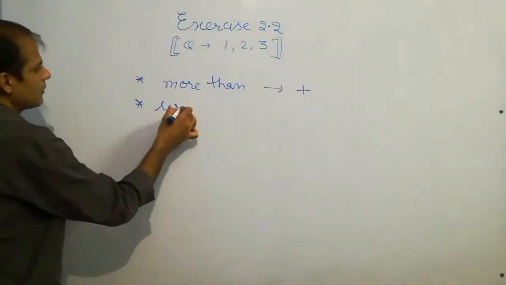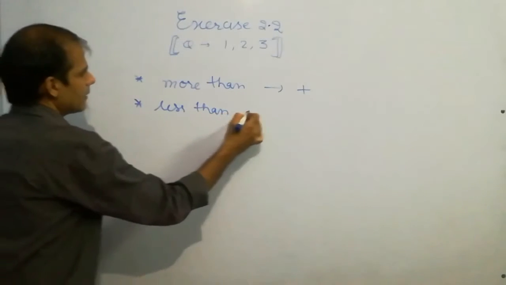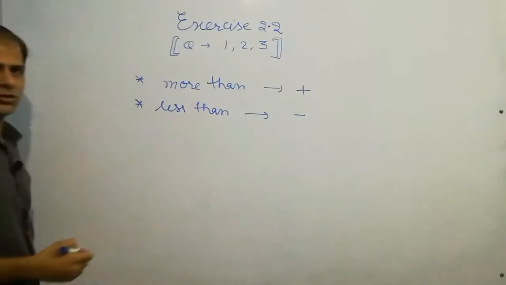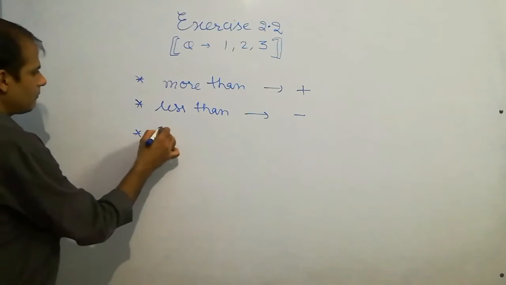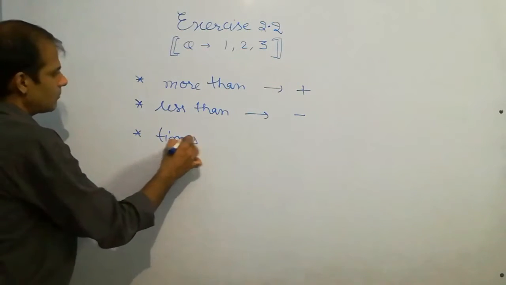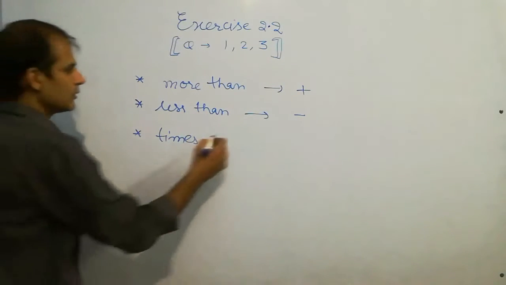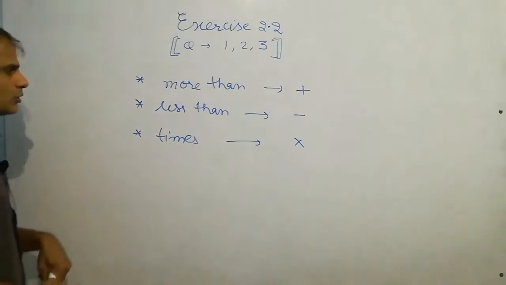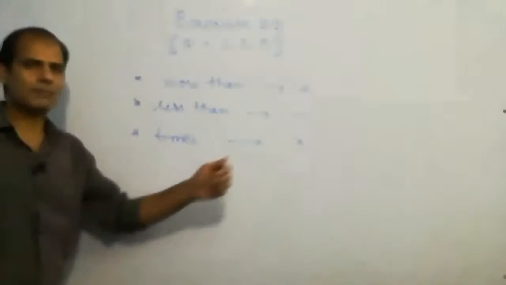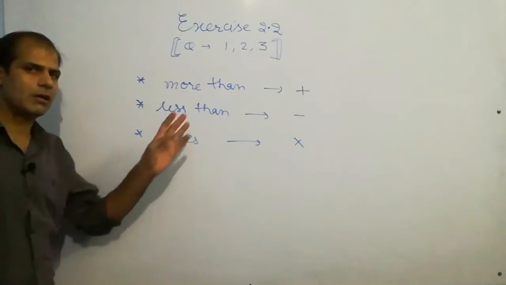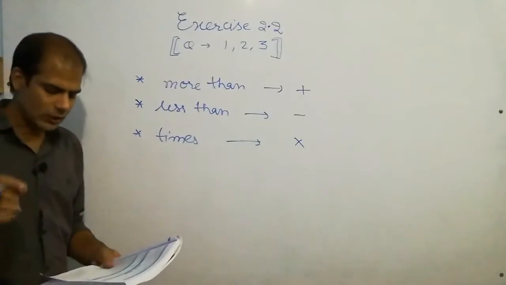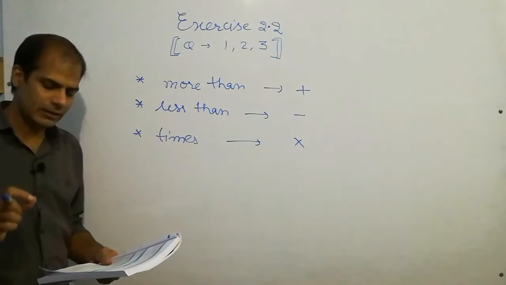If it is less than, you will perform subtraction. If it is given that something is 2 times or 3 times, you will perform multiplication. Okay, so 2 times means multiply by 2, 3 times means multiply by 3. So many more things are there and it is very interesting.